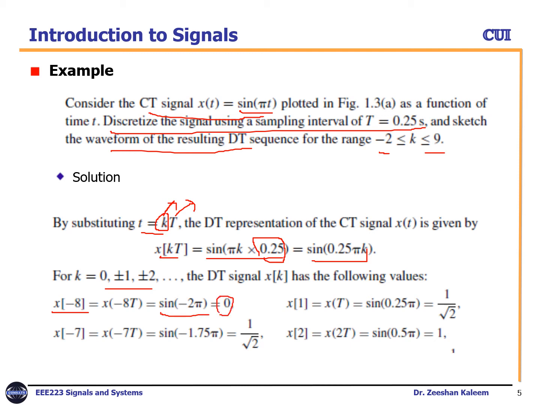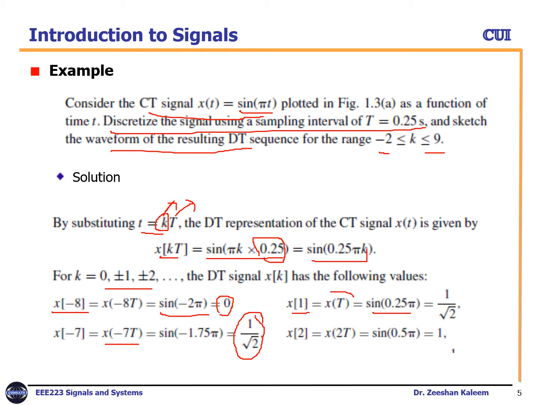Similarly x(-7), sin(-1.75 pi), which results in 1 by root 2. Similarly, you can calculate for k equal to 1, sin(0.25 pi).